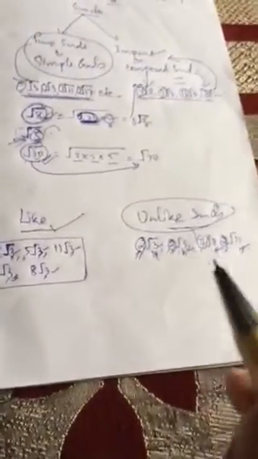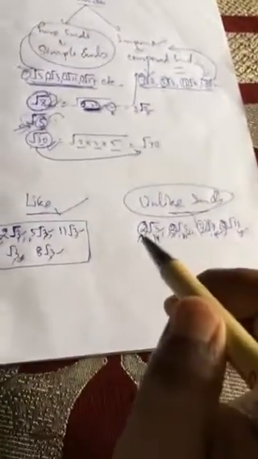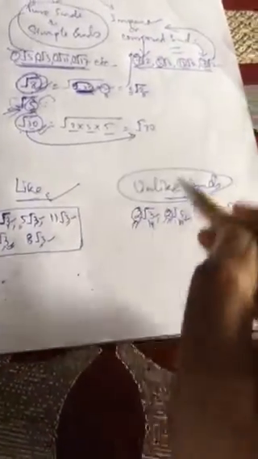A very important concept I am going to give you concerns the operations we do in mathematics, that is addition, subtraction, multiplication, division. Always remember that like surds can be added and can be subtracted. Unlike surds can neither be added nor be subtracted.